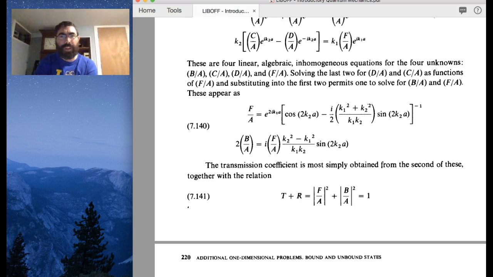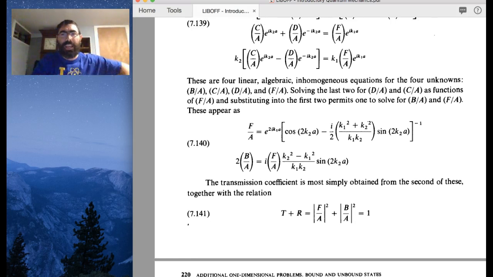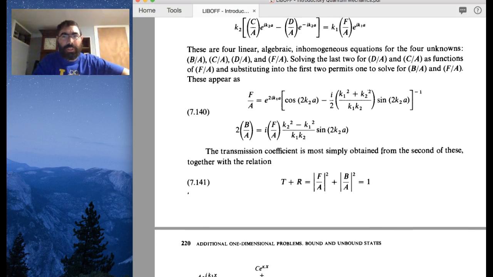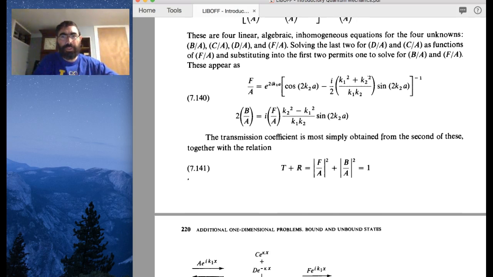Now, once you get F divided by A, you can go back and look at the relationship between B divided by A and F divided by A, and what you find is you get this relationship where this is 2 times, but you can divide both sides by 2 to get the ratio, and what you have is this result right here. Again, it's in the best interest of the student to spend some time and work through those equations to trust that you get that result.